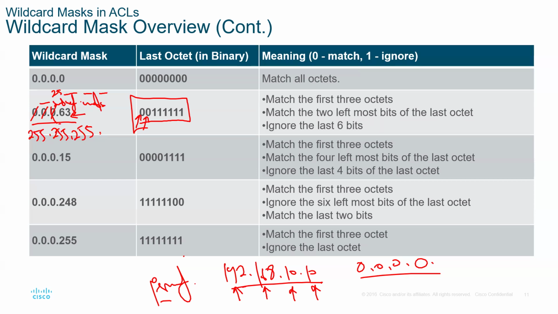Let me use the calculator. 255 minus 63 is 192. Okay, let's start the other way.